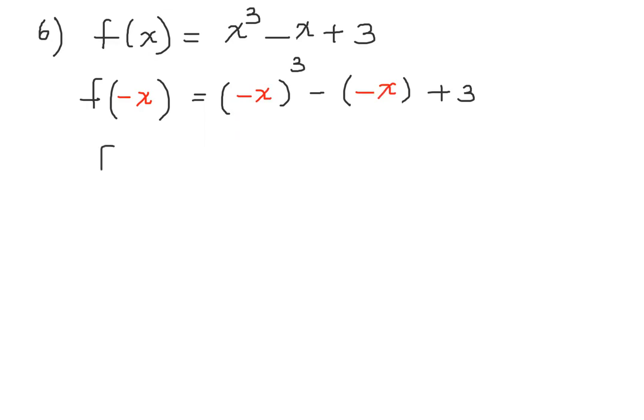So here we have the odd power. So when you have the odd with negative, it's going to be negative. So minus of minus x is going to be plus x plus 3.